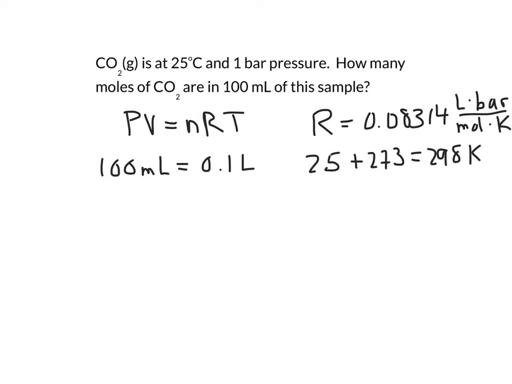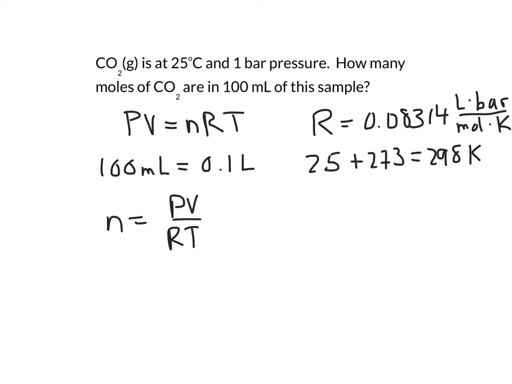Now, we want to solve this equation for the number of moles because we want our answer to be in terms of number of moles. So if we solve this equation algebraically for the number of moles, we can do that by dividing both sides by RT. So n is going to equal pressure times volume divided by R times T.